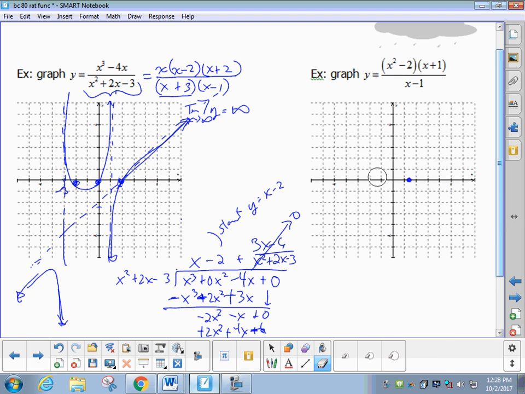Wow, those are really close together. I didn't mean to put those so close together, but it is what it is. You could change the scale. I don't know what the other asymptote's going to do. So vertical asymptote at 1. Okay, so let's talk end behavior. What do you say?